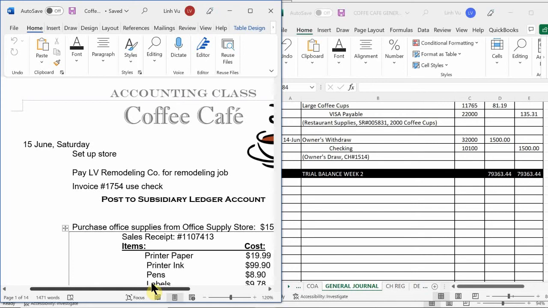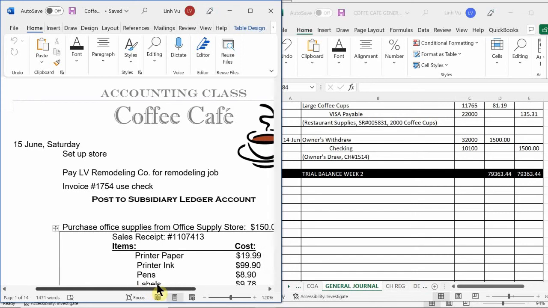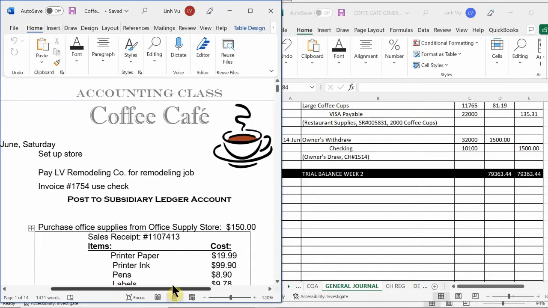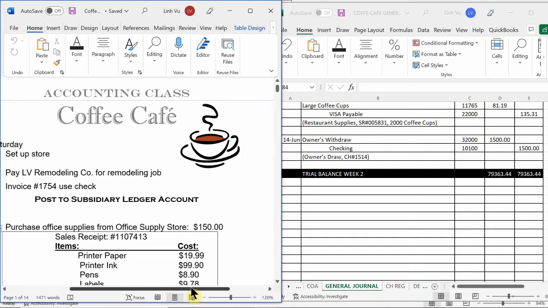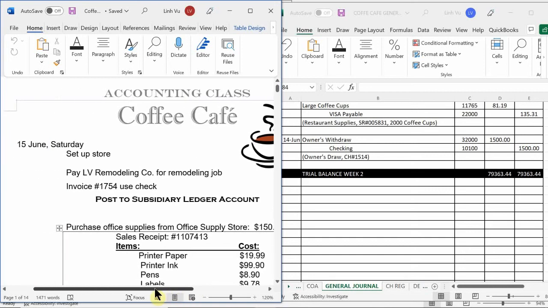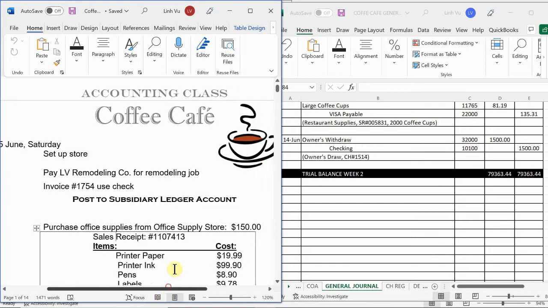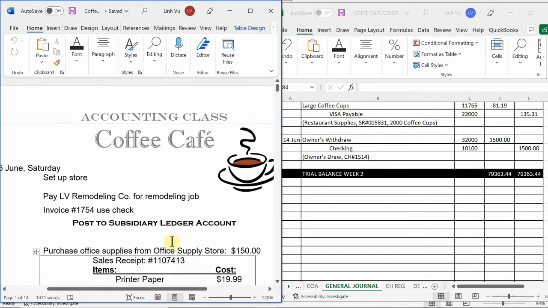Here we're going to pay LV Remodeling Company for the remodeling job. Again, invoice number 1754. Use a check.